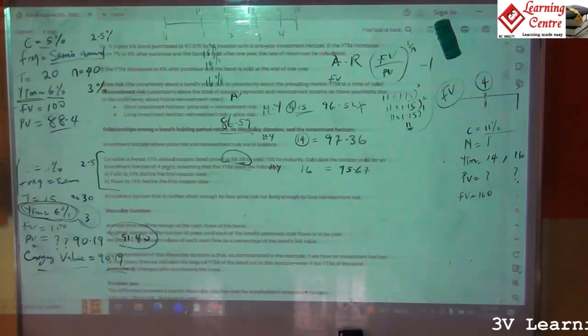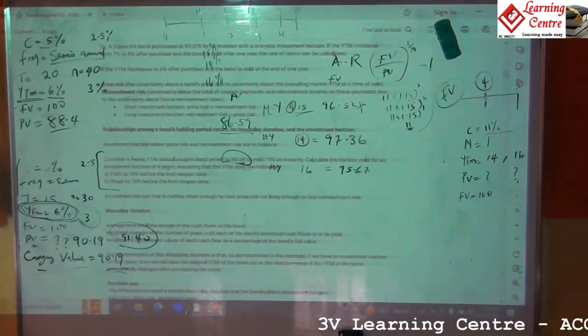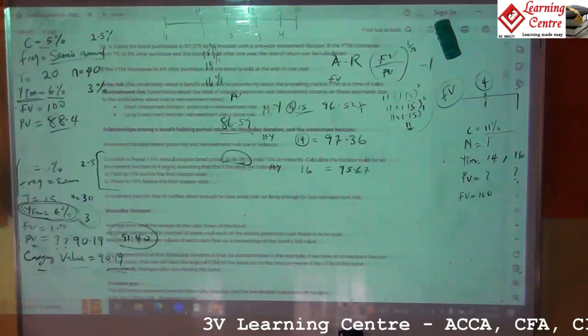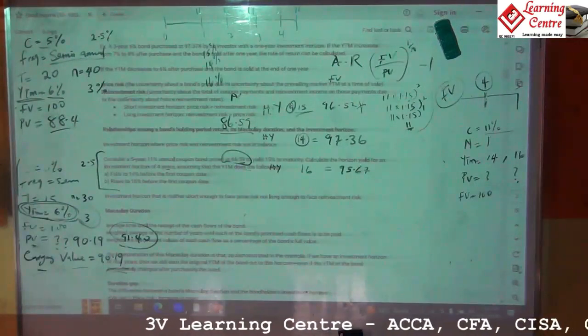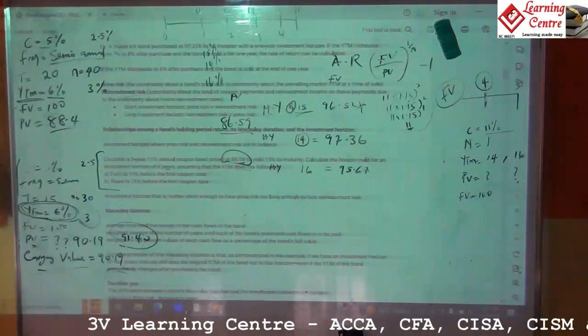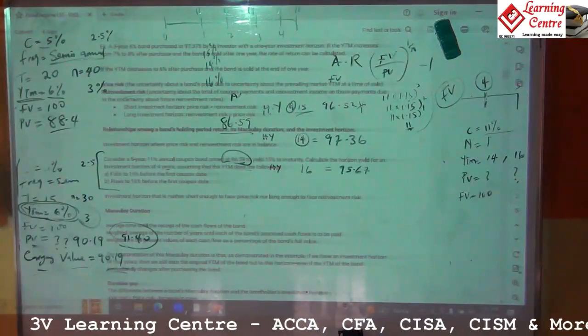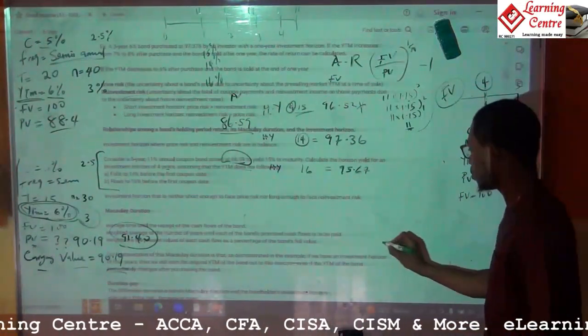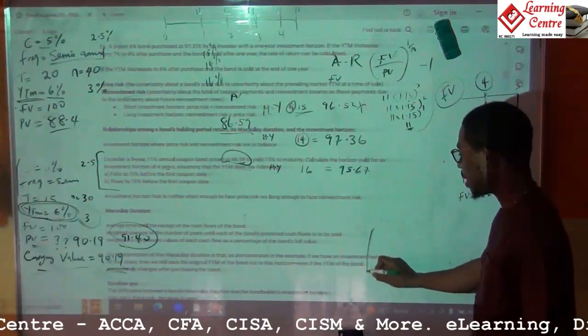So since the yield did not change, why the price? Yes. What price did you do? Why the price increase? What price are you expecting to see? I'm expecting to see the same price. 89 point something.